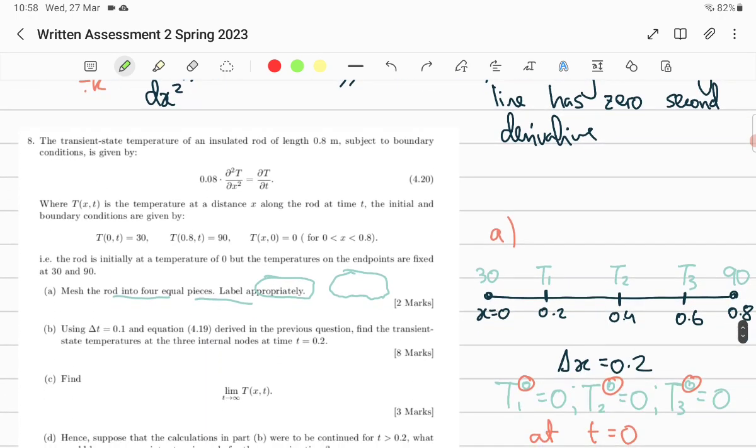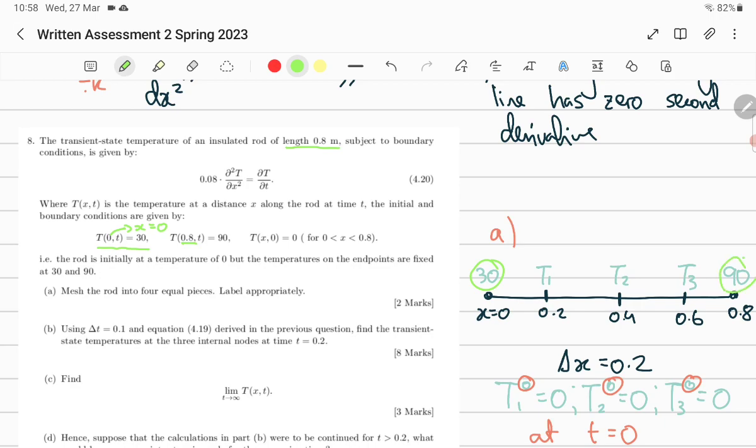And now more of a calculation question. So we have values of k, etc. We have initial conditions. This is x equal to 0. It's 30, and at x equals 0.8, this rod is only that long, is 90.